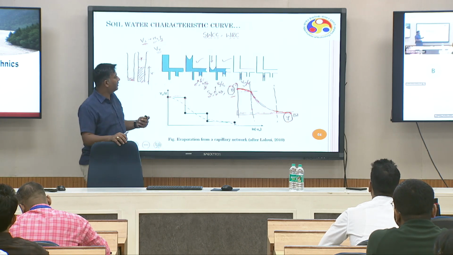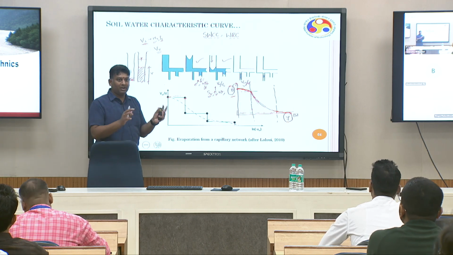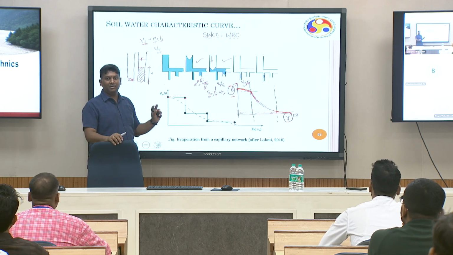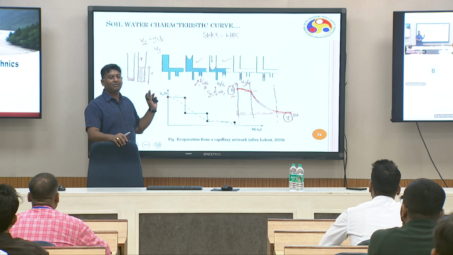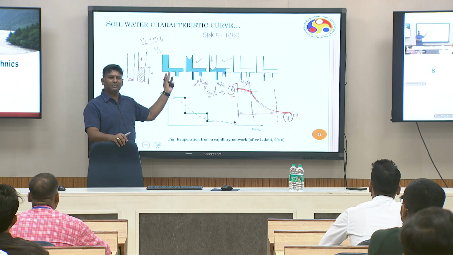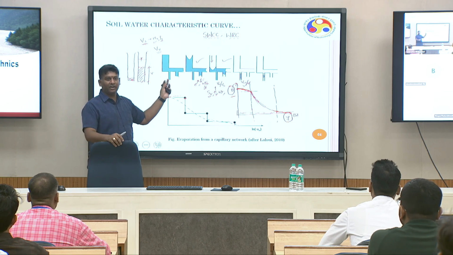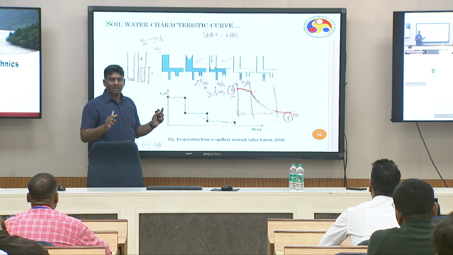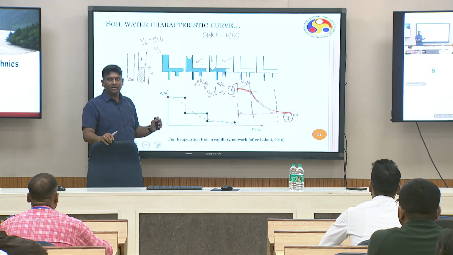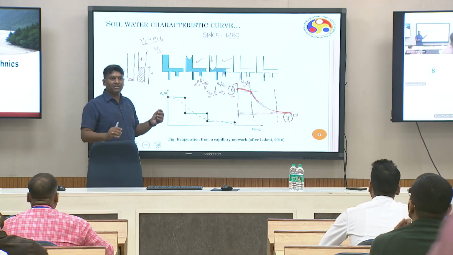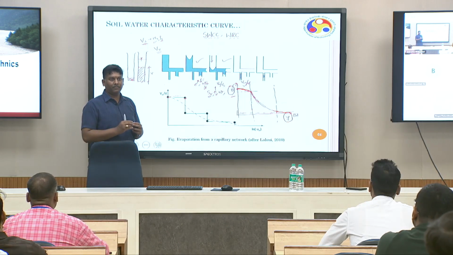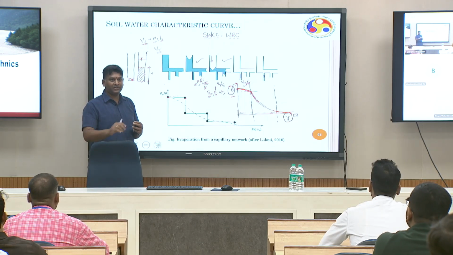In fact, our soil pore network can be mimicked by this kind of simplified structure, which will be much more complex, of course, where you have a number of pores connected at any given cross section. That could be described with a number of capillaries attached to each other at a given cross section.